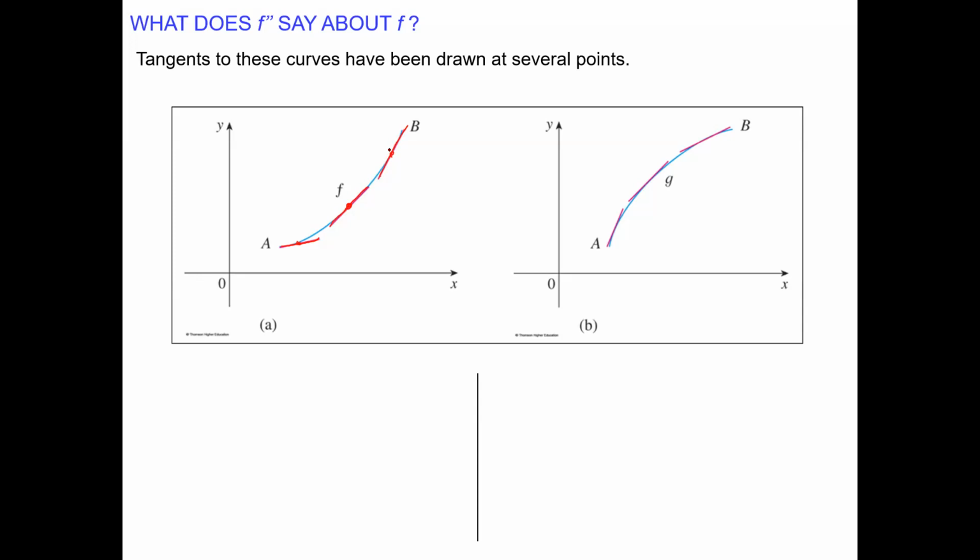Okay? And the slope of the tangent line is simply the derivative. We also learned in the previous section that if the derivative is positive, then the original function is increasing.